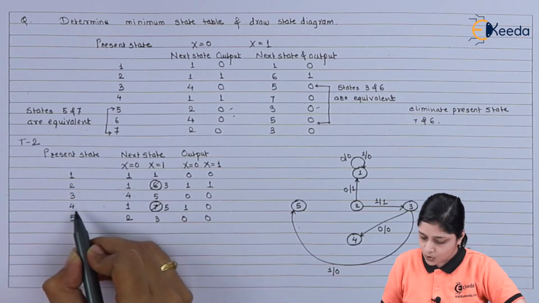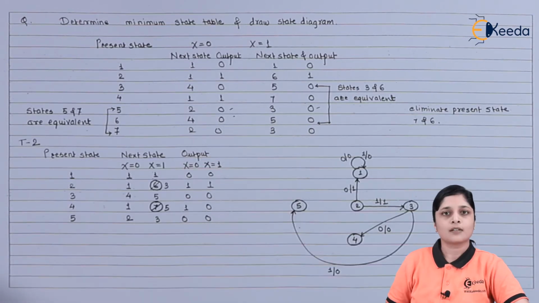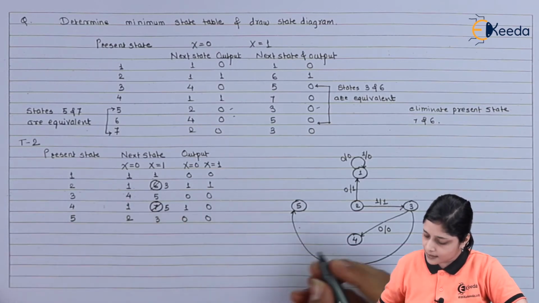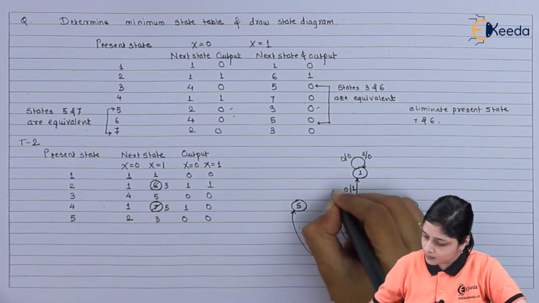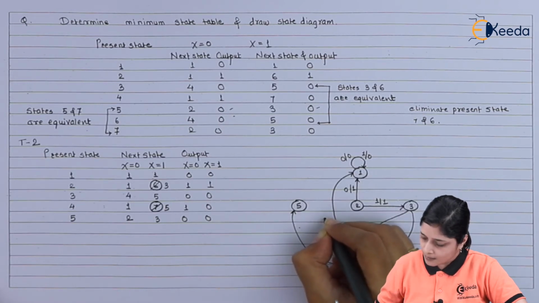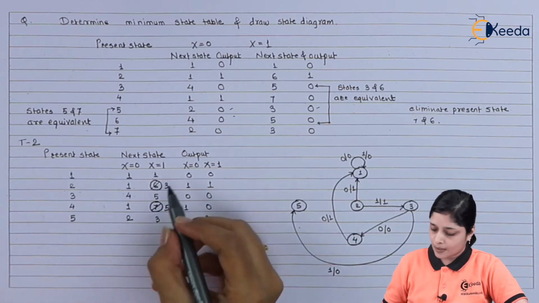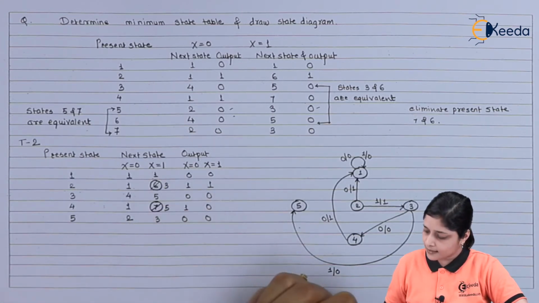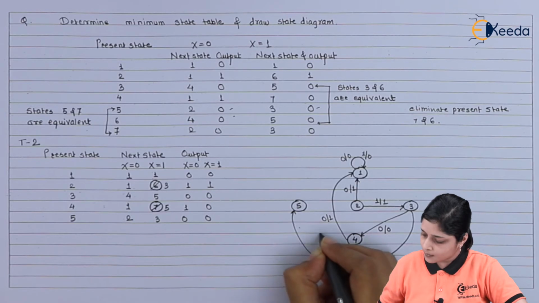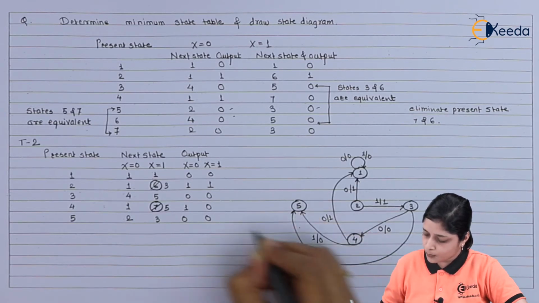Then we focus on present state 4. When x equals 0, the next state is 1 and the output is 1. When x equals 1, the next state is 5 and the output is 0.